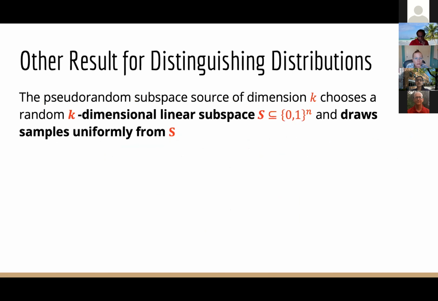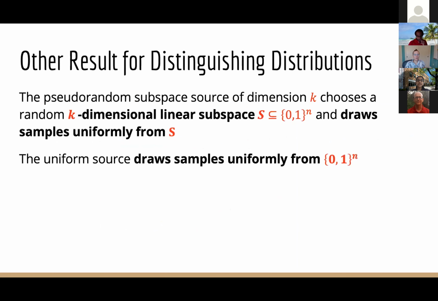So I want to move on to our second result for distinguishing distributions, where we consider the question of distinguishing subspaces from the uniform distribution over {0,1}^n. In the first distribution, there is a pseudorandom subspace source of dimension k, which chooses a random k-dimensional linear subspace and draws samples uniformly from this fixed subspace S. Whereas in the second distribution, the uniform source draws samples uniformly from {0,1}^n.